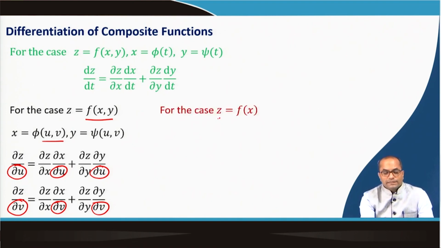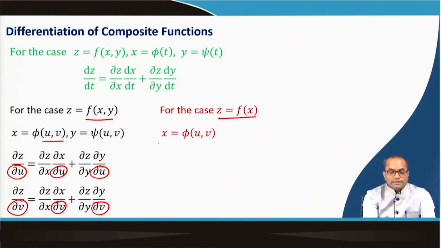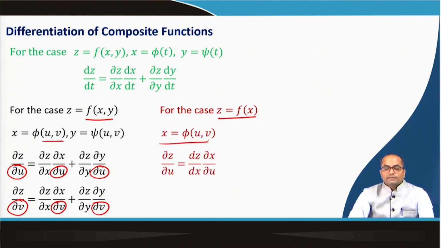Similarly, if we have the case that z is a function of x alone and then x is a function of u and v, in that case also we can get del z over del u, because now z is a function of x and x is a function of two variables. So, the partial derivative of z with respect to u makes sense now.